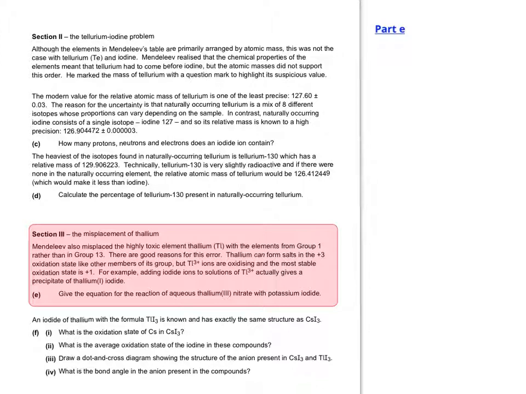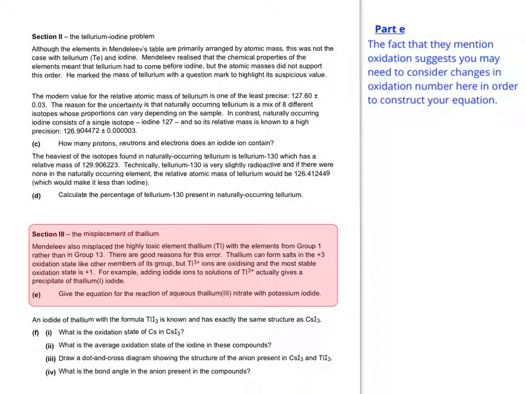So it says thallium can form salts in the +3 oxidation state like the other members of its group, but the 3+ ions are oxidizing, therefore they act as oxidizing agents. And in doing so they get reduced back down to oxidation state +1, like it says. And an example might be adding iodide ions to solutions of thallium 3+, giving a precipitate of thallium 1 iodide. So it says, give the equation for the reaction of aqueous thallium 3 nitrate with potassium iodide.